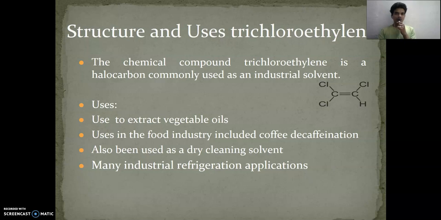It is used to extract vegetable oils, in the food industry including the coffee decaffeination process, as a dry cleaning solvent, and in many industrial refrigeration applications. So these are the structure and uses of trichloroethylene.